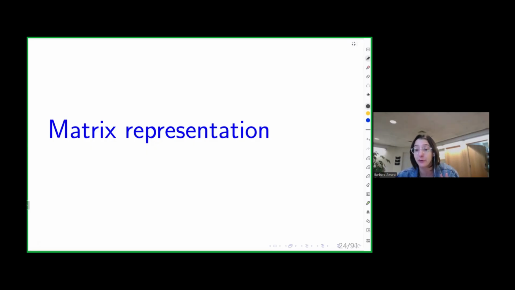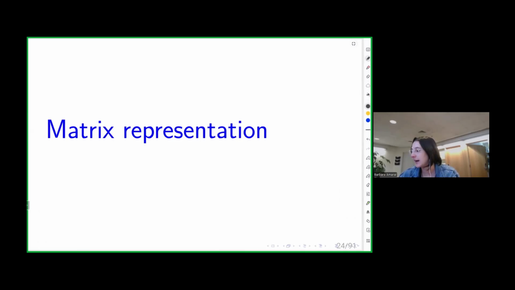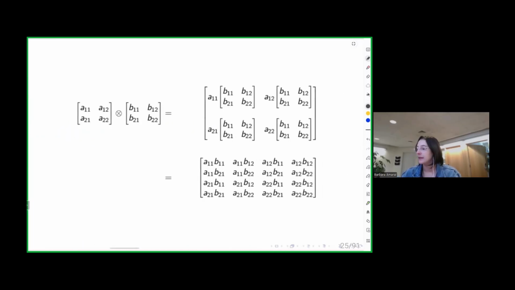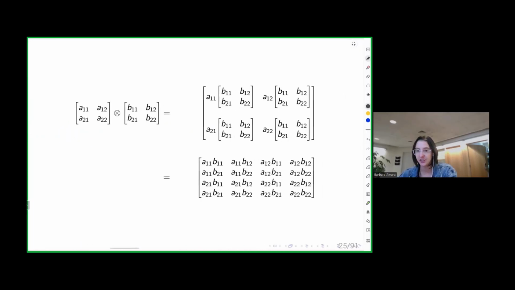This will be 4x4 matrices. And the tensor product means an operation with the matrices, let it be vectors or square matrices, okay?